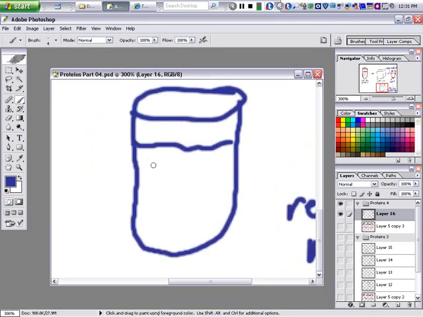I'm just going to put a lot of proteins: protein P, protein W, protein X, protein Y, and protein Z.